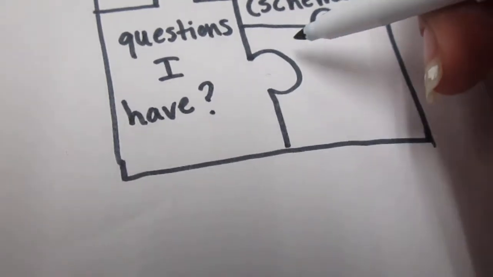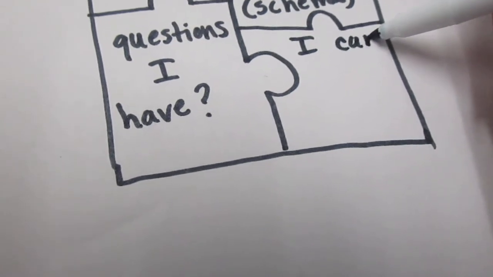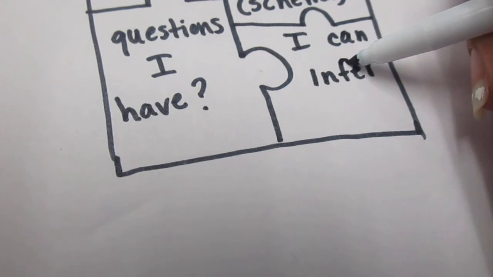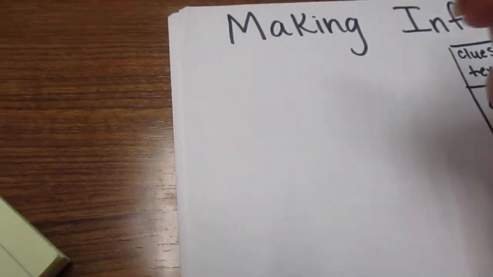And over here, I can infer. Okay, so basically making inferences is, and I'm going to put over here, putting the pieces together.